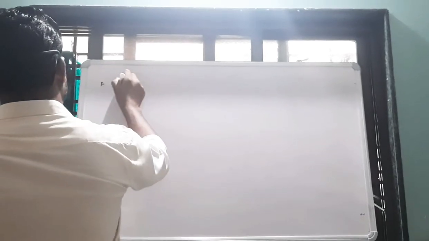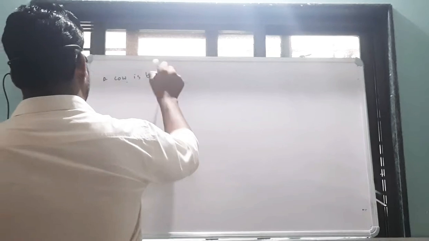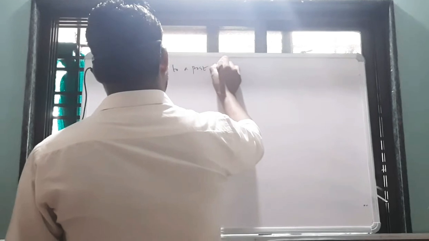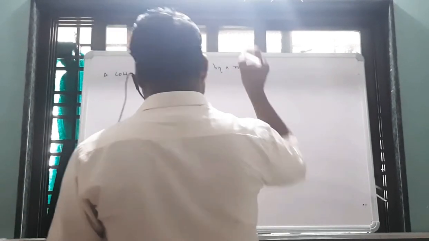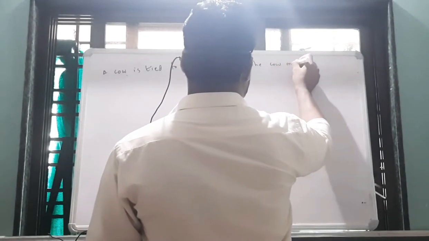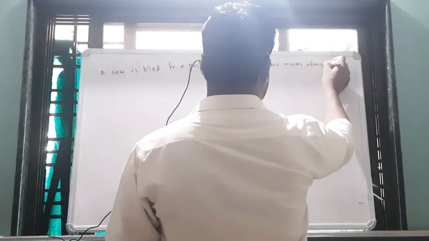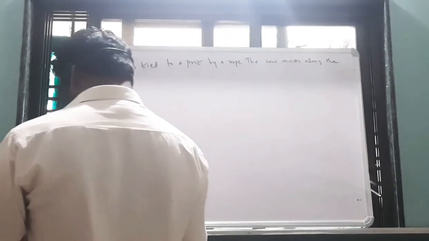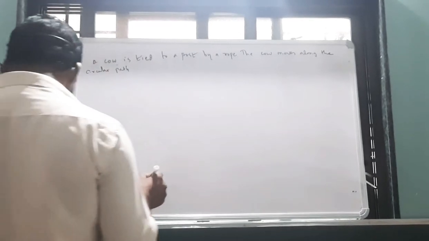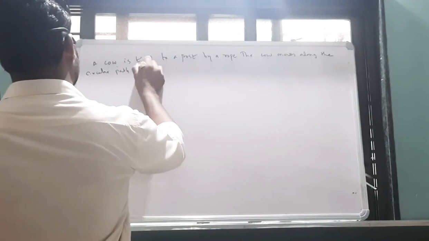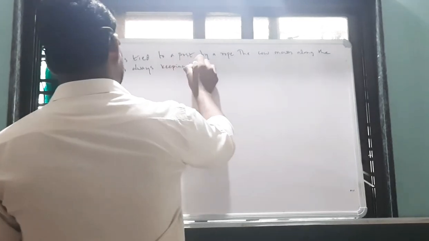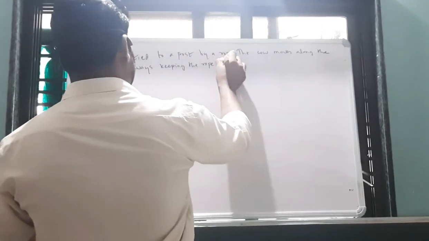Example: a cow is tied to a post by a rope. The cow moves along a circular path, always keeping the rope tight.